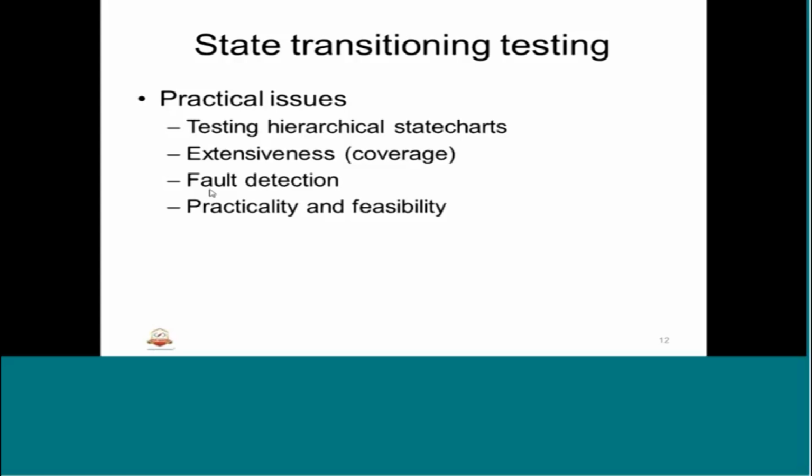Basically, the behavior of a system is hard to determine because the behavior is concealed, to a large extent, from outside observation. What we see outside could be different from what we see when we start testing it.